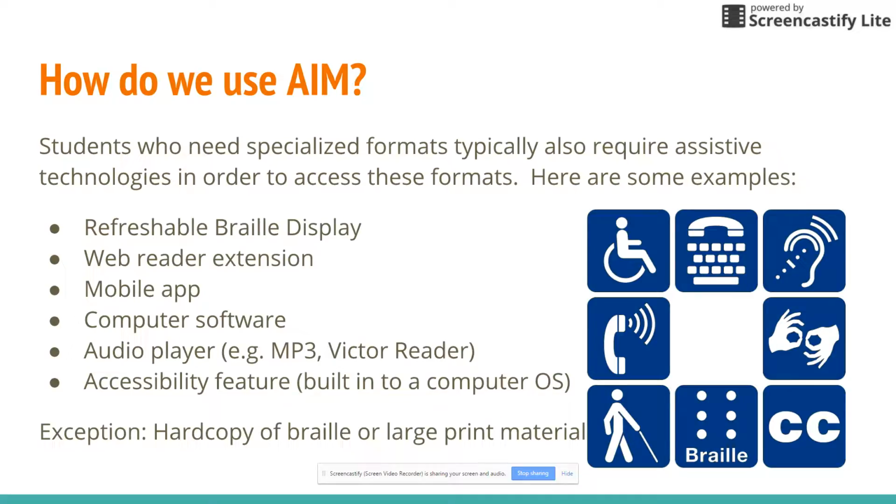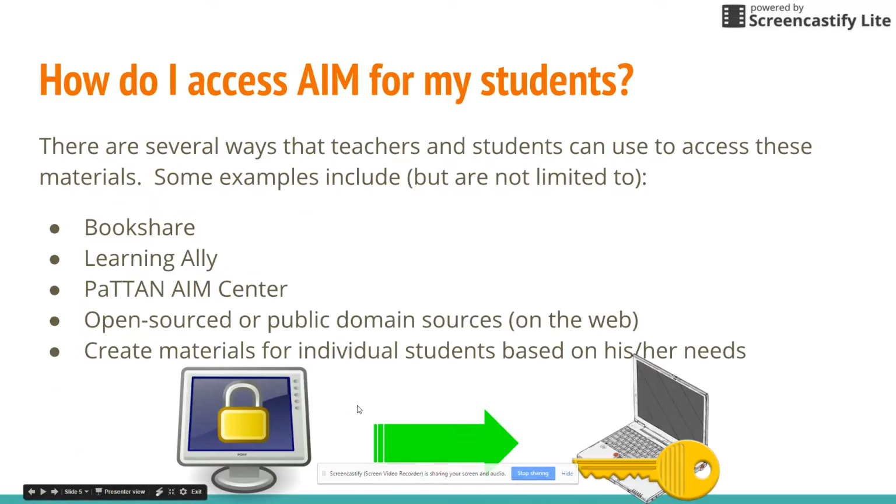So these are things that are built into your computer's operating system or your iPad's operating system that you simply have to go in and turn on that will be able to interact with that accessible instructional material, that accessible format, to be able to convert it from text to speech, and that you already have those available to you. Like I said, there are some exceptions, so you can get hard copies of Braille or large print materials that are just put together and sent to you from wherever you're accessing that source. But these are just some examples.